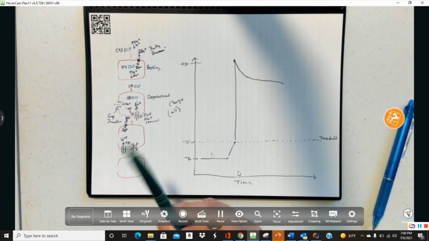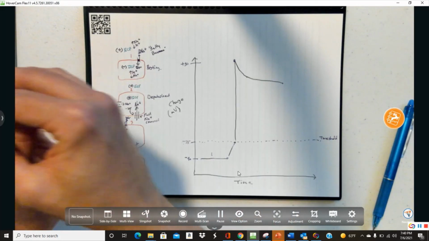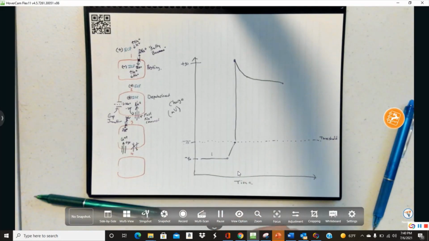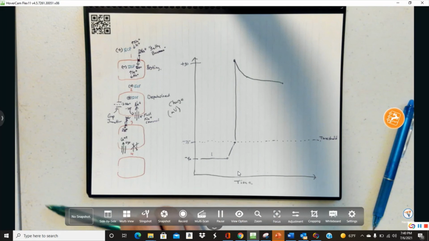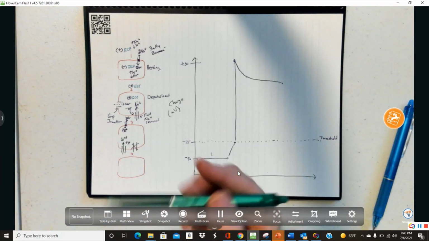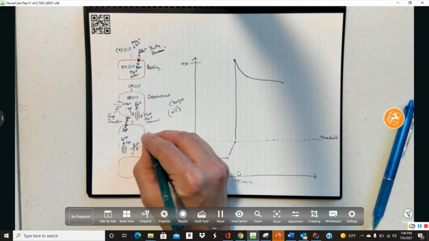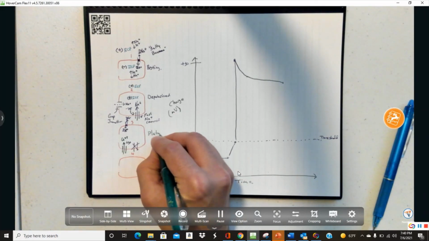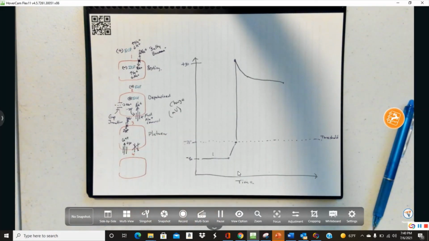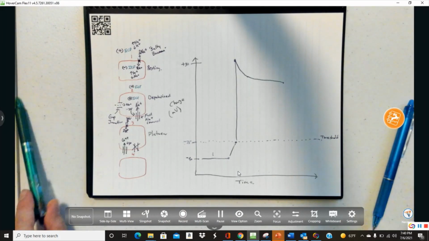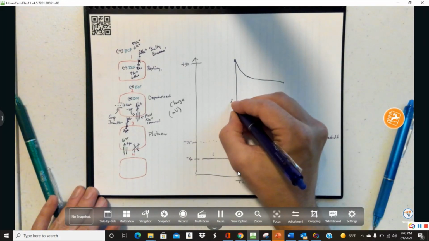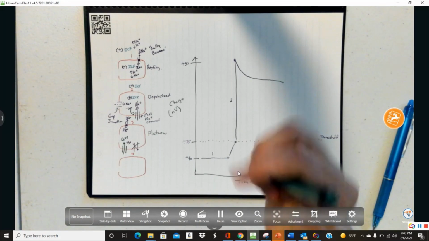Remember, calcium is what comes in and moves mama out of the way and lets the active sites become exposed. So that's what we refer to as the plateau phase. Let me make sure I put 2 and 3 here. Plateau phase.